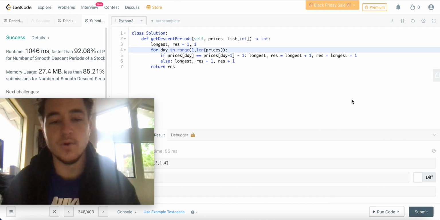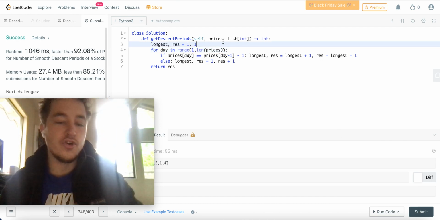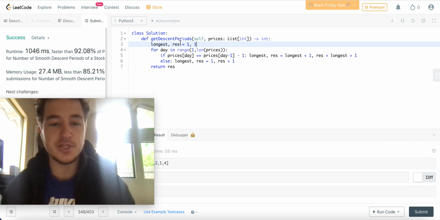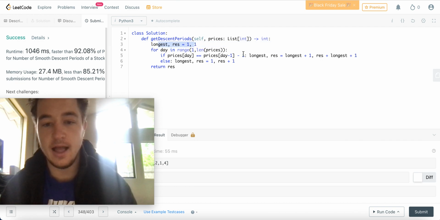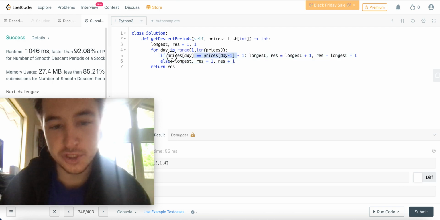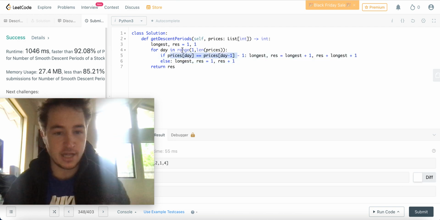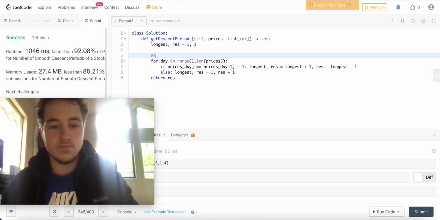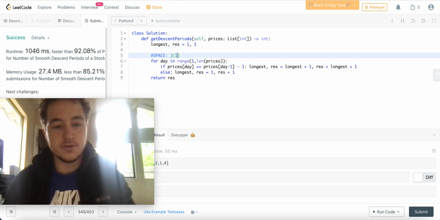All right, cool. So what's the runtime of this? Well, notice we don't create any additional space. We just create space for these 2 variables, and we update these variables within the system. And we're using prices, which is provided, so it's constant space. So O of 1 for space.